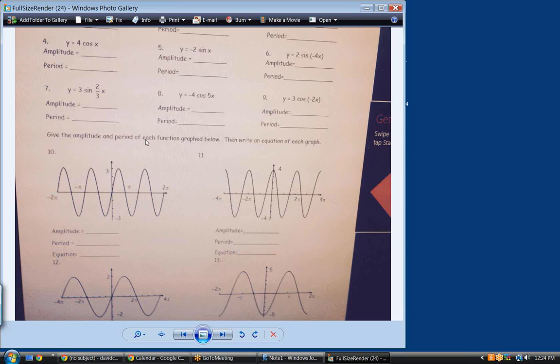So let's see. We didn't do number 6 yet. No. Let's talk about number 6. What's the amplitude? A is 2. What's B?